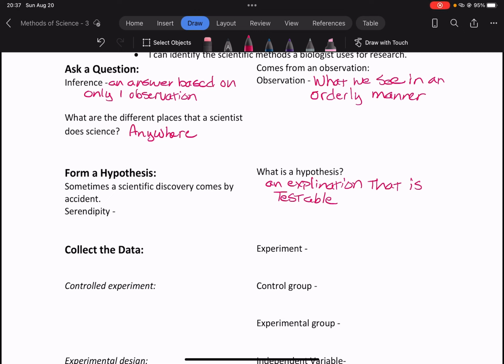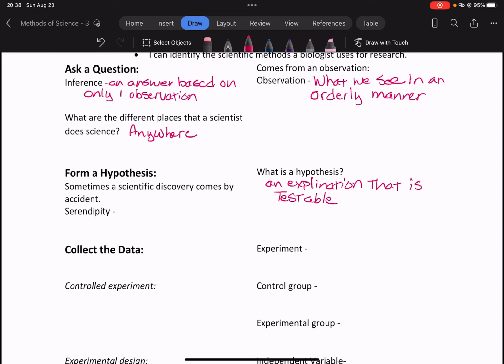So I can create a test based on an explanation that I give. For example, I can make a hypothesis: if I put water on the stove and add heat to it, it will boil. I can test that. I can go get a pot, put it on the stove, turn the heat on, and watch it, and it will boil. That's a hypothesis, and it's testable. We can actually create a test to verify what I'm stating.